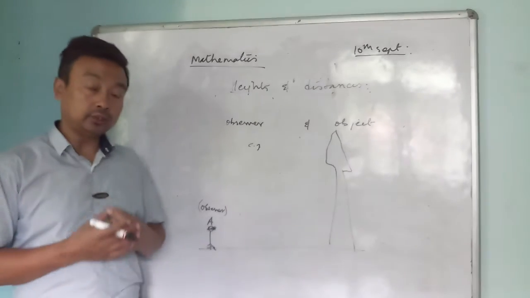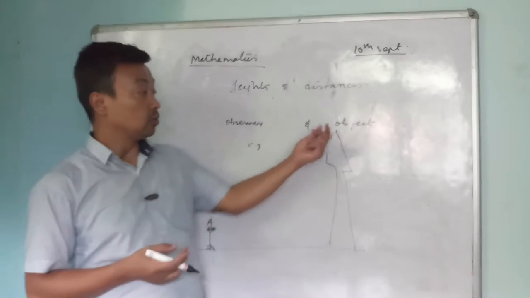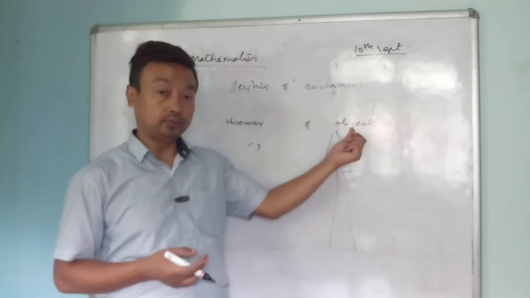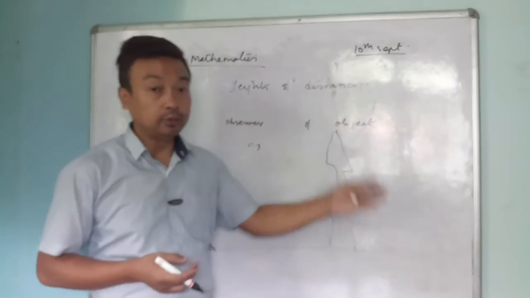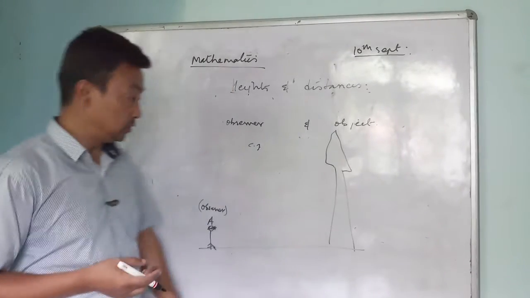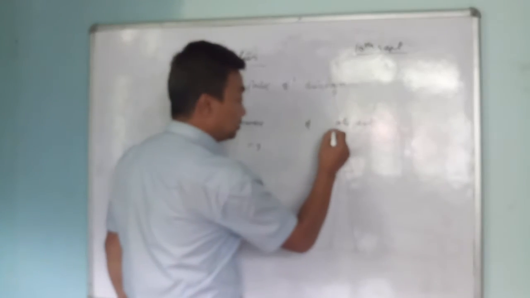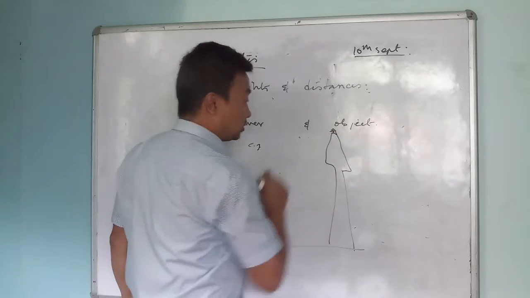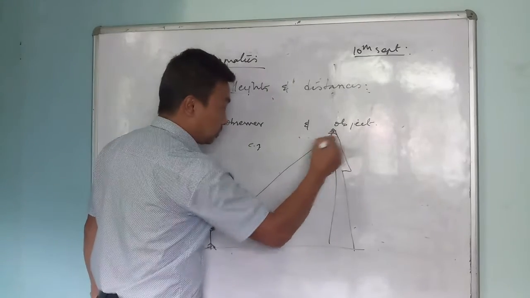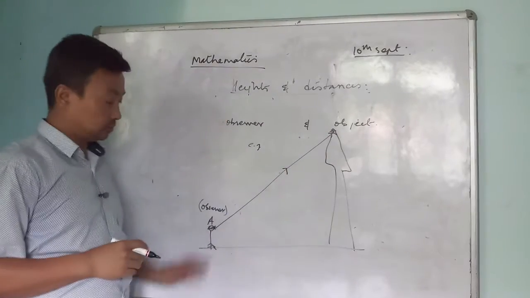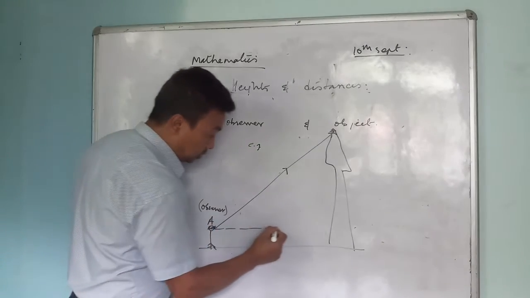These objects you can see in two positions: one is above the point of observation, and one is below. When you observe above, suppose you see a bird on the top of a tree, that means it is elevation. You are observing with respect to this horizontal line.